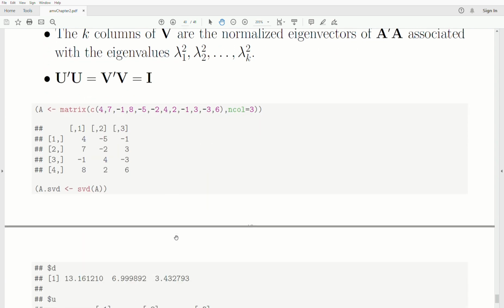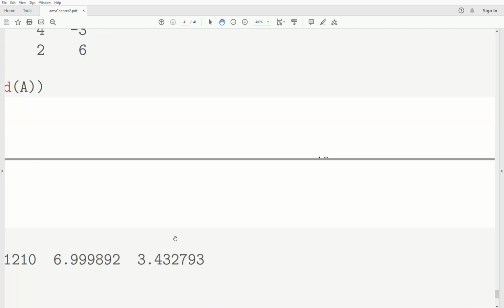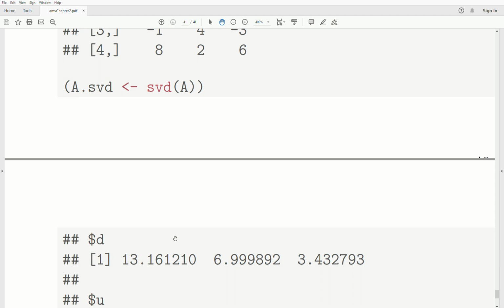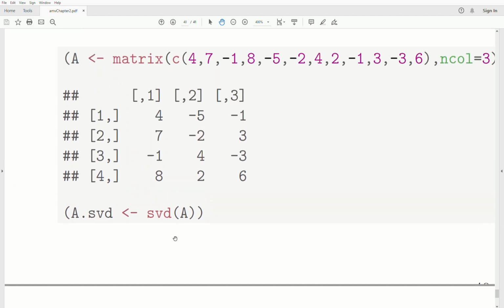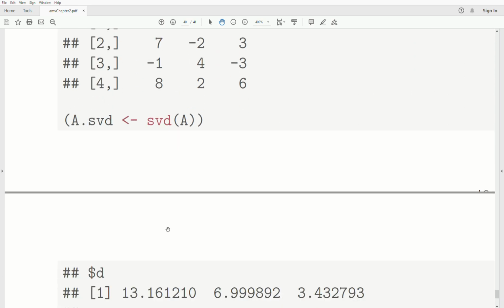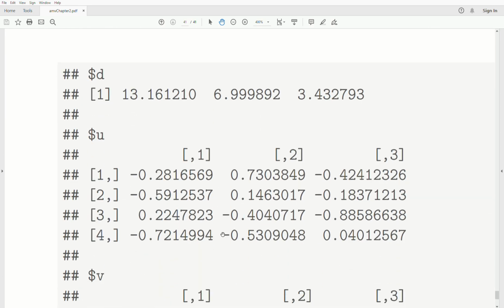And to see this in R, we do it this way. So we have a matrix A. Notice that it's 4 by 3. So it's not a square matrix, so it can't be symmetric. And we take the function SVD, singular value decomposition of A, and we store it in this object here. And what it produces is a list.